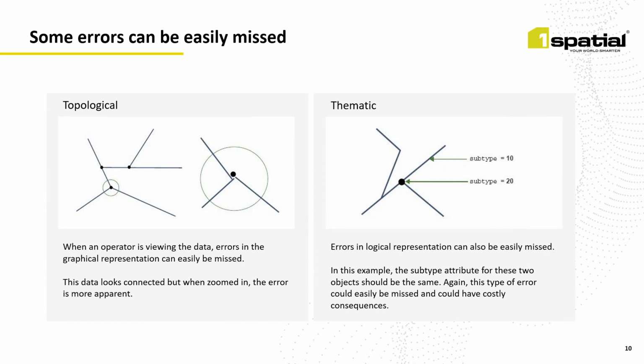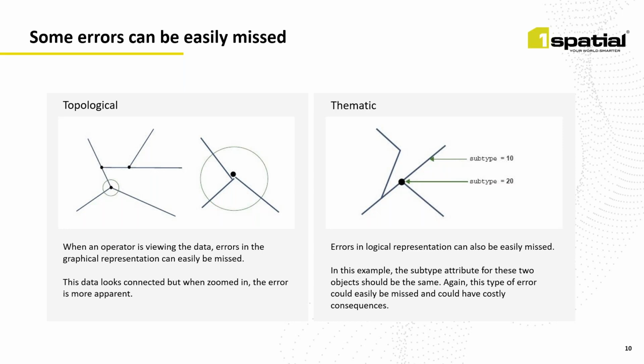So this is a visual representation of a couple of spatial errors, and these are examples that would be very easy to miss if we were just looking at the data with the human eye. And this is why automation becomes so important to ensuring and maintaining data quality. So on the left-hand side, we talked about pipes in a utility network.